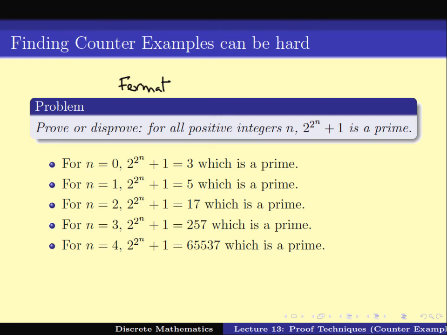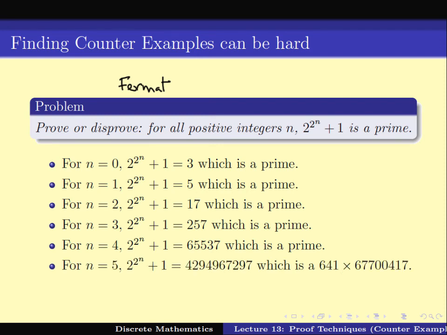Now what about n equals 5? It turns out that n equals 5 gives this horrendously big number, 4294967297, which is actually not a prime because it is a product of these two numbers.